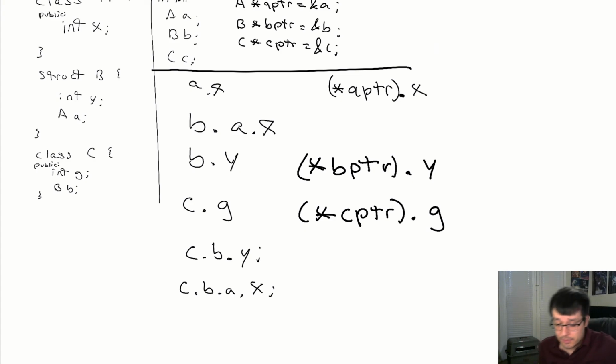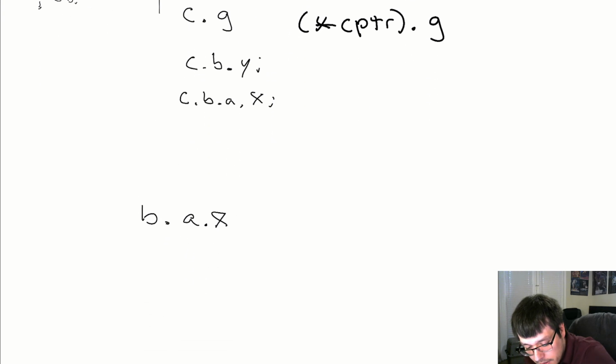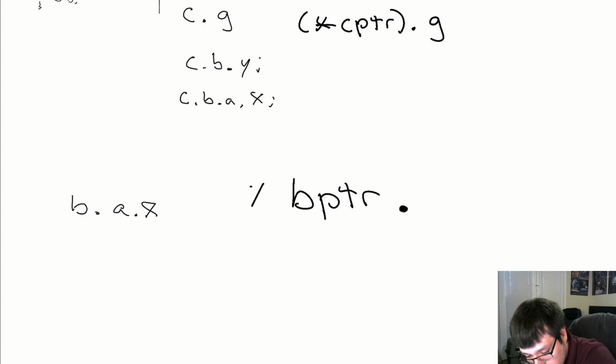The nasty ones are the ones with the 2 and 3 dots. So let's do the b.a.x. Just for now, move this down for a minute, and let's try to do this one. So bPtr, I'm just going to write it down first without any parentheses or anything. Dot, and of course, don't forget the asterisk at the front.